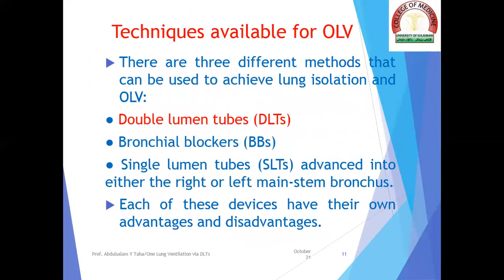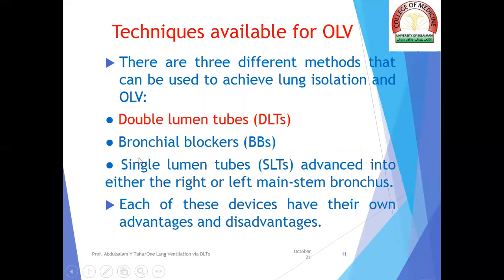Techniques available for one lung ventilation. There are three different methods that can be used to achieve one lung isolation and one lung ventilation. Number one, the double lumen endotracheal tubes. Number two, bronchial blockers.